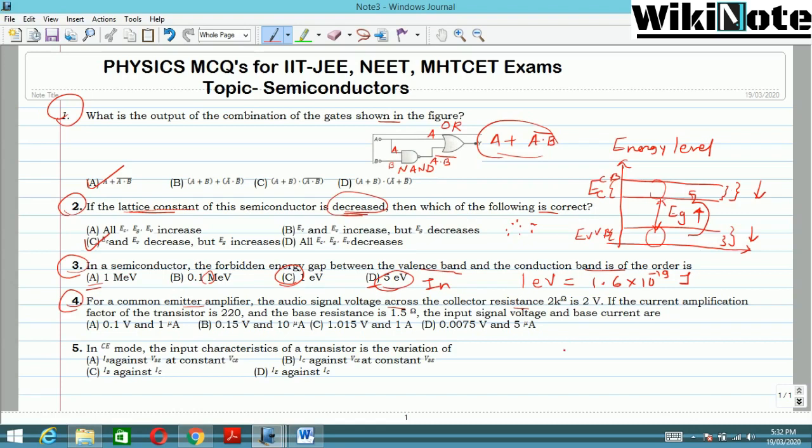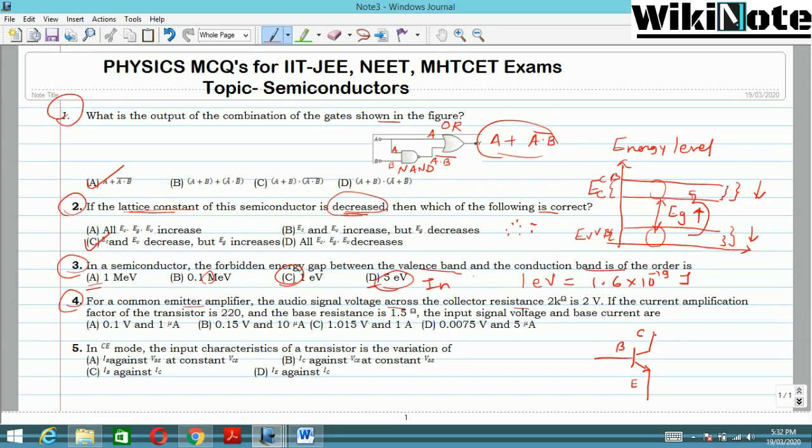For a common emitter amplifier, the audio signal voltage across the collector resistance of 2 kilo ohm is 2 volt. So first of all, you should draw the diagram. Common emitter: in the previous video I also explained the configuration. Your transistor has 3 terminals: base, collector and emitter.